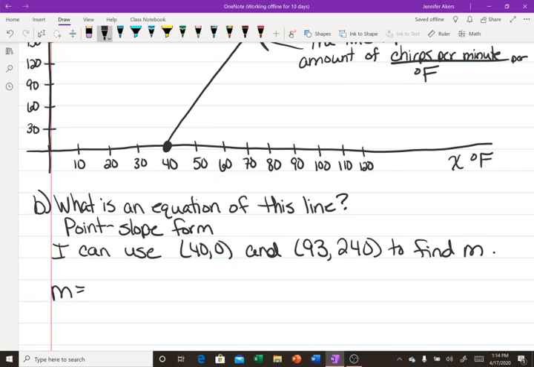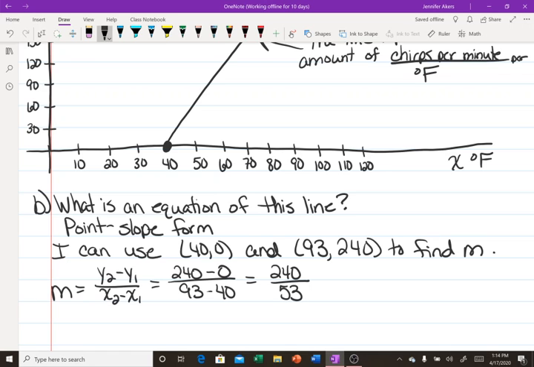The formula for slope is the change in the y's over the change in the x's. I have 2 y's, I have 2 x's. So I'm going to take 240, I'm going to subtract 0. I'm going to take 93, I'm going to subtract 40. I'm going to get 240 divided by 53.